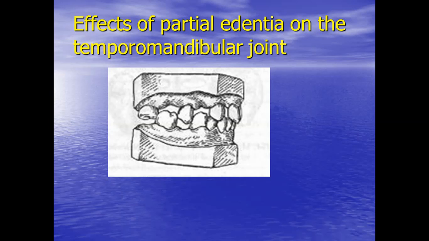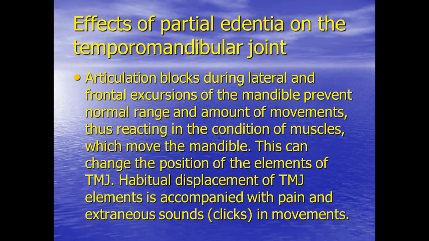And this results in the condition that some movements of the jaw are used less than genetically predisposed, and some movements of the jaw are done more frequently. So this change in the normal movement of the mandible, in the amount of movements done, results in the condition of masticatory muscles.